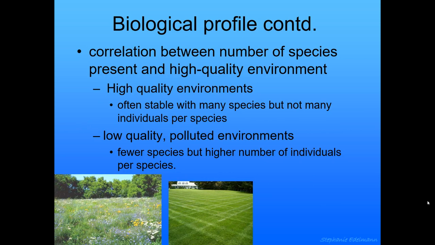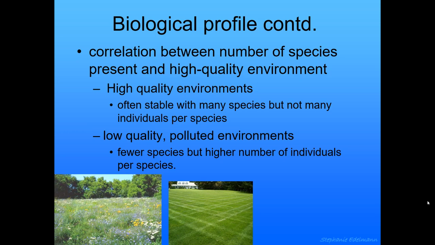So when you're looking at a biological profile, you're looking at the correlation between the number of species present and how much you have of each of those species. In a high quality environment, it's usually a stable environment where you have many different species, but not very many individuals per species.